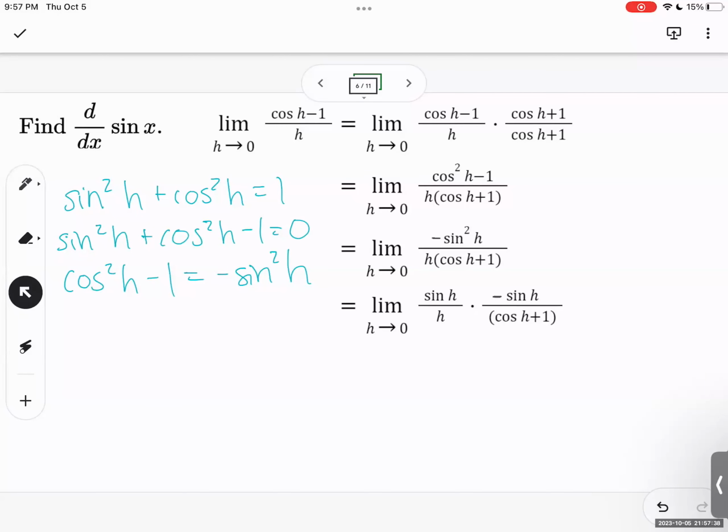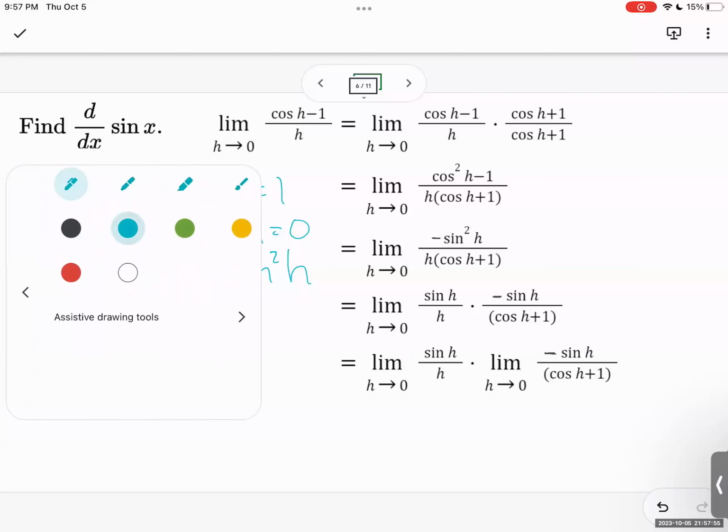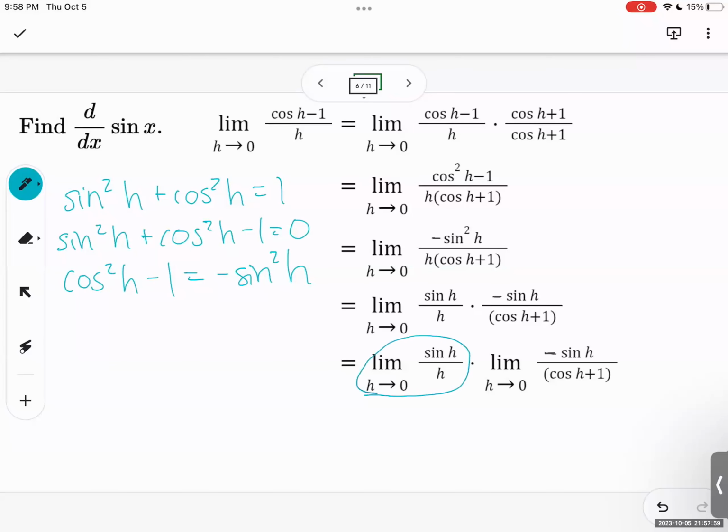Since we have the limit of a product, we can write that as the product of the limits, remembering to put my negative sign in there. For homework, we showed that this value goes to 1, and we can plug in h equals 0 into this limit.